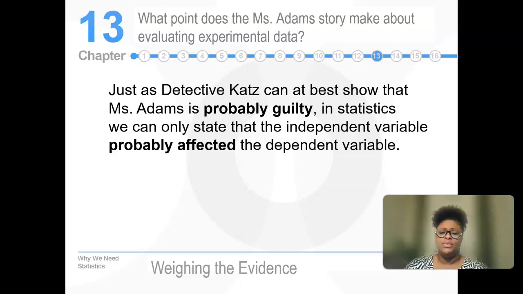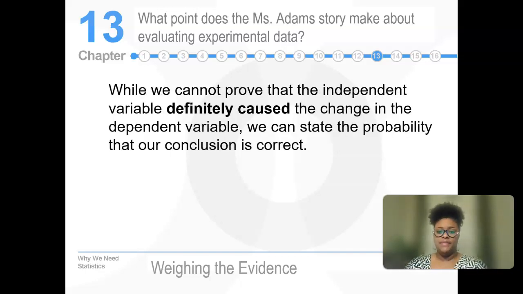In your textbook, it talks about detective cats. When you look at that story about Miss Adams, detective cats can at best show that Miss Adams is probably guilty. But in statistics, we cannot necessarily say exactly or for sure whether or not there is an effect per se, but we can say that there is a significant probability that the independent variable had an effect or impact on the dependent variable.